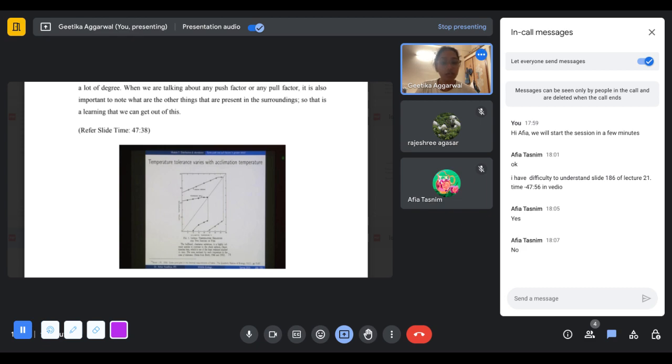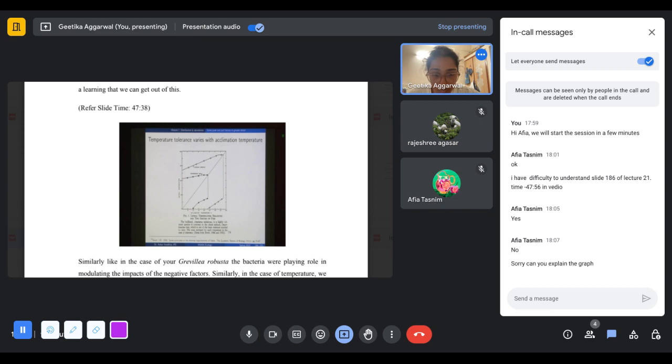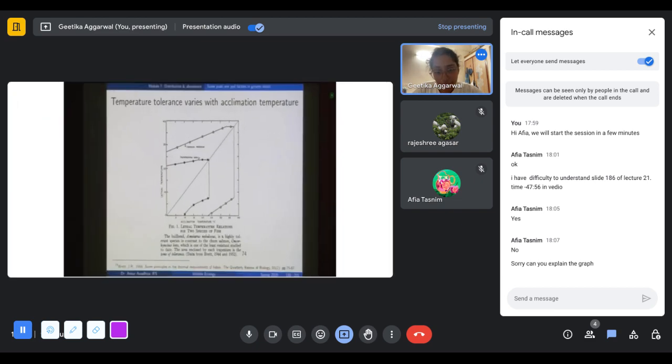Okay, so what are you unable to understand in this? Okay, explain the graph. Right. Okay.